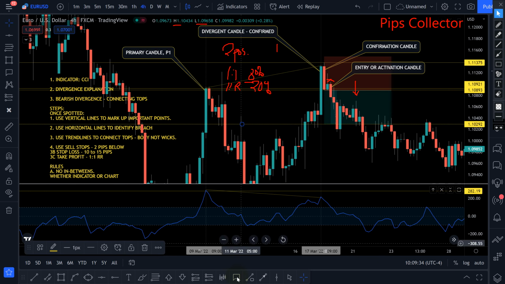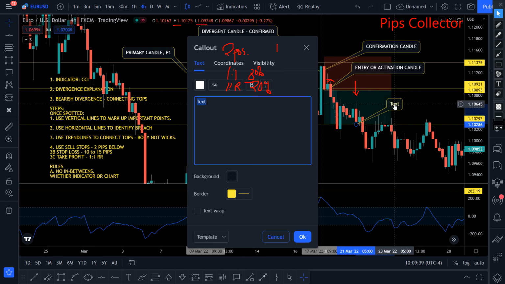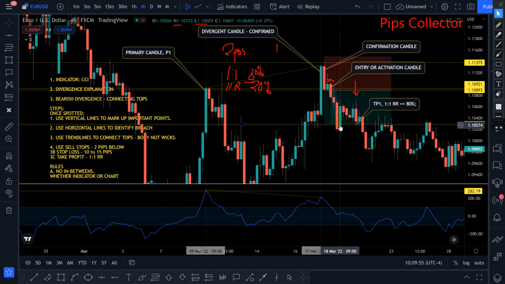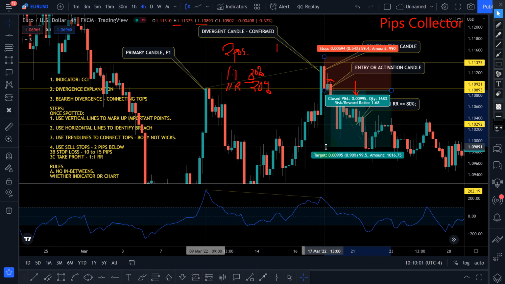This is your 1:1, this is your TP1. So you set an alert at TP1, 1:1 risk to reward, you're going to close 80%. So immediately price hits, you're ready to close 80%. Don't be greedy. Then at TP2, drag this down, the measurement tool.